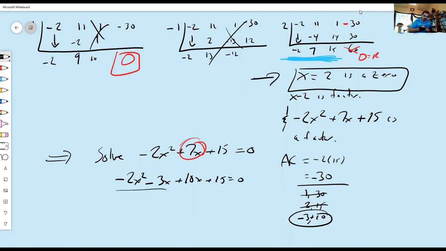Take out a common factor in the front. I can take out an x. Actually, we'll take out minus x. So 2x plus 3. And the common factor between 10 and 15 is 5. Which gives you 2x plus 3.